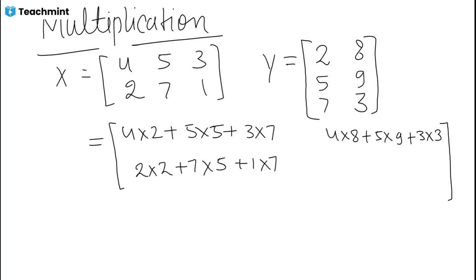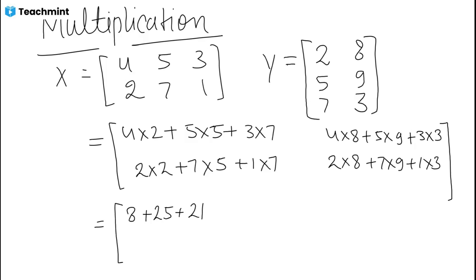Similarly, 2 with 8 plus 7 with 9 plus 1 into 3. So 8 plus 25 plus 21, and 4 plus 35 plus 7, and 32, 54 and 9, and 16 plus 63 plus 3.